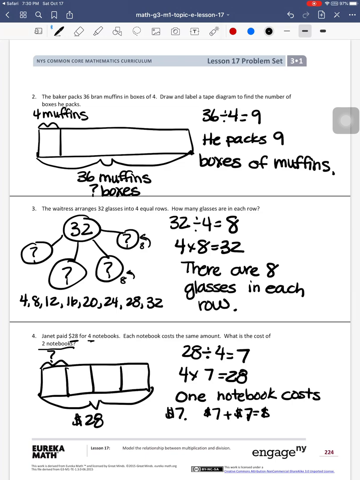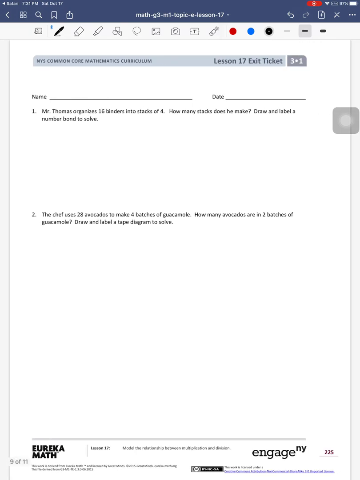And I know that equals $14. So 2 notebooks cost $14. All right, now it's time for you to press pause and complete your exit ticket. Then press play once you're done to check your work.